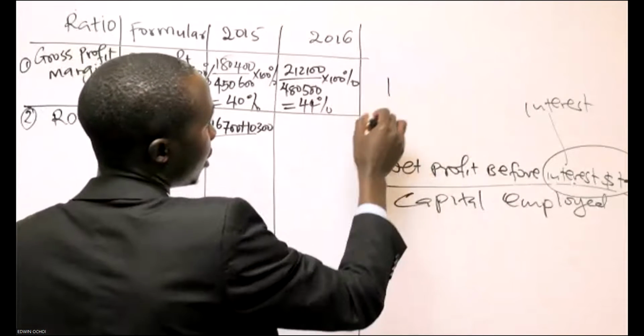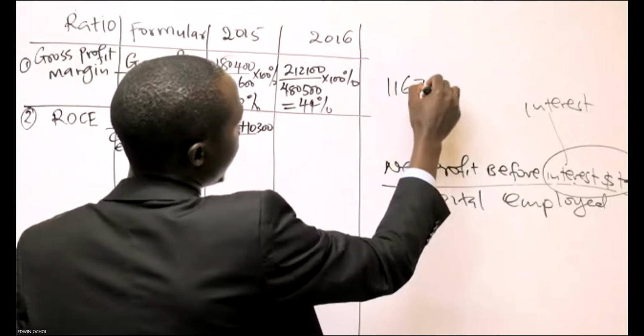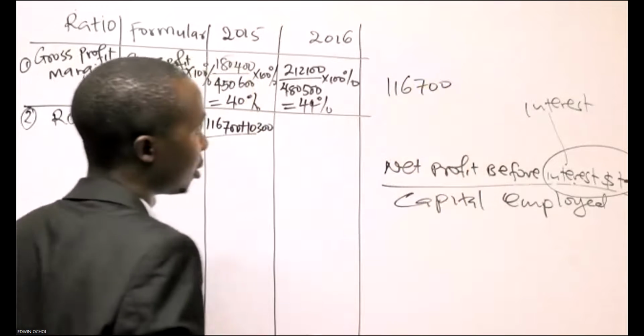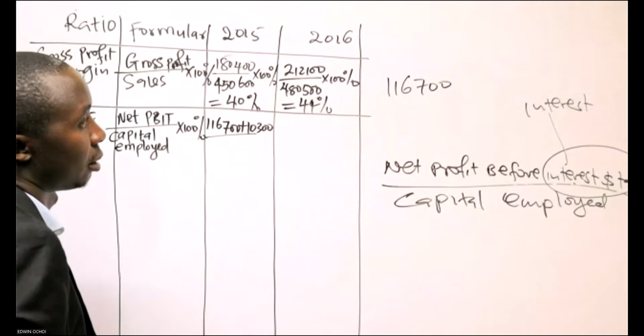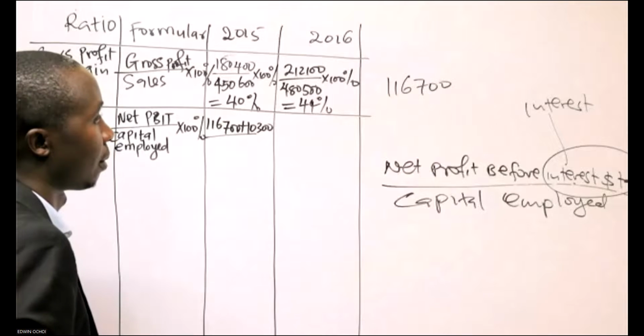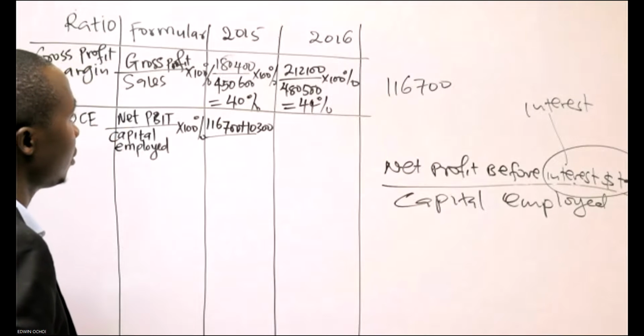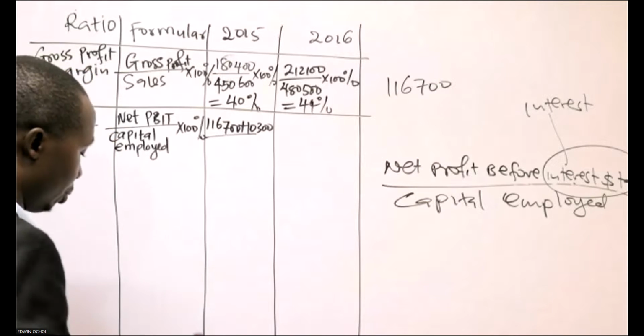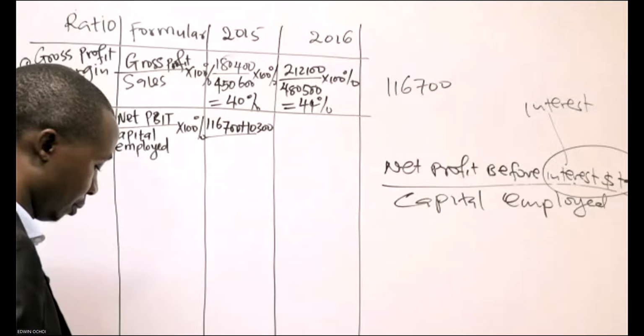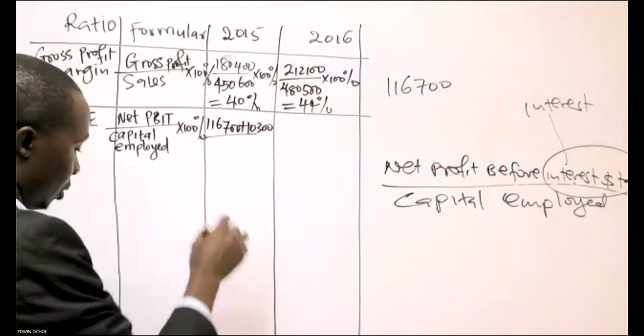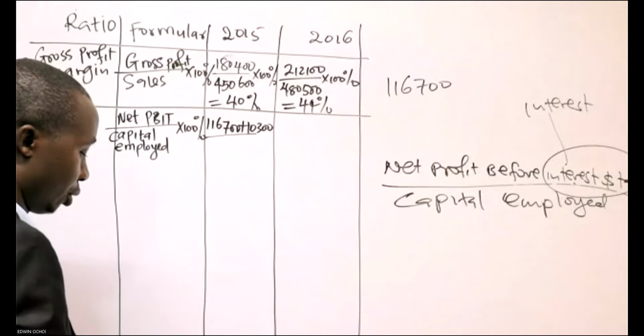Okay, the 116,700 is inclusive of tax. It's okay. So capital employed, that's 127,000.